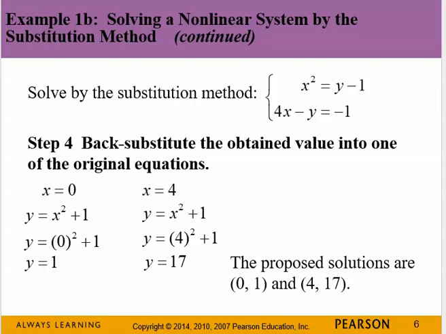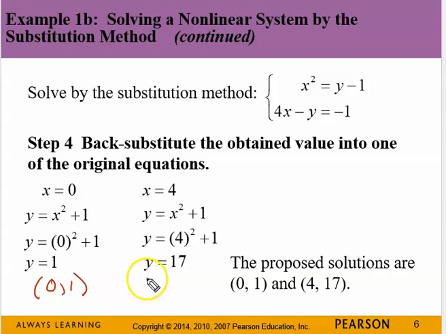So x could be a 0. And we put that into the other equation. And they have it worked out nicely for us here. If this is 0, y could be a 1. So one of our ordered pairs could be 0, 1. And here, if x is 4, putting it into this equation, we get y is 17.